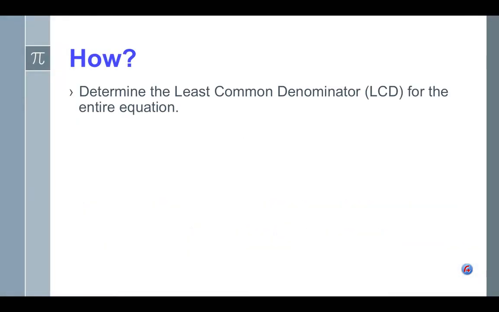So with this method, the first thing you need to do is determine the least common denominator for your entire equation. Once you have done so, you're going to multiply the entire equation, or both sides of the equation, by that LCD. What you'll want to do is distribute across all pieces of your equation.